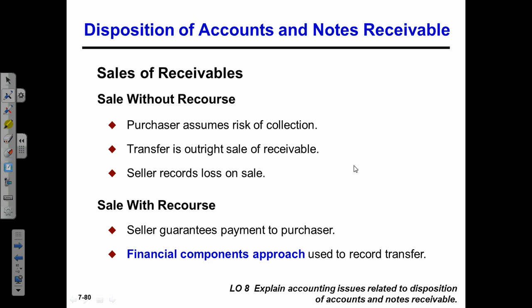With recourse, the company that sells the receivables estimates what their liability is for receivables that are never going to be collected. There's an asymmetry of information. The person selling the receivables knows how bad they are.